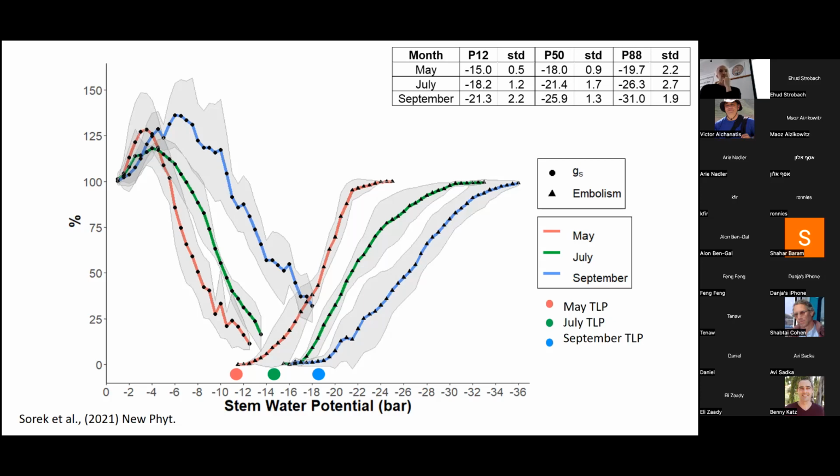I think it's a secondary effect, not a direct effect, because the control of stomata is finally regulated by some biochemical process.